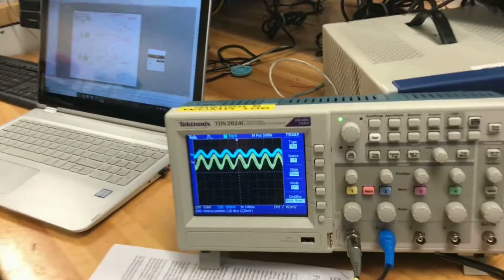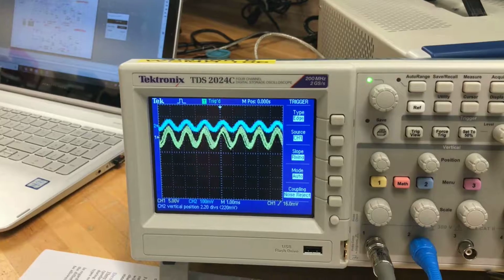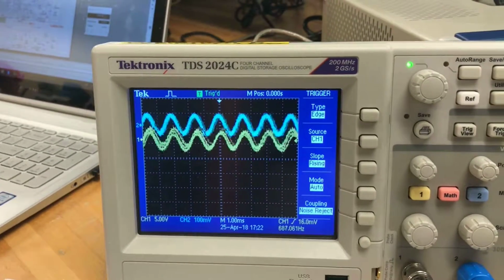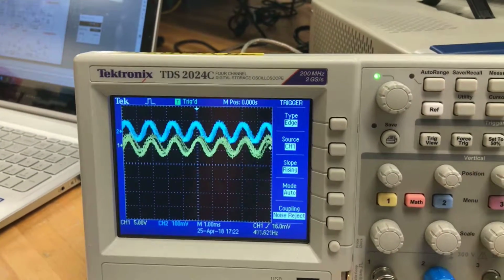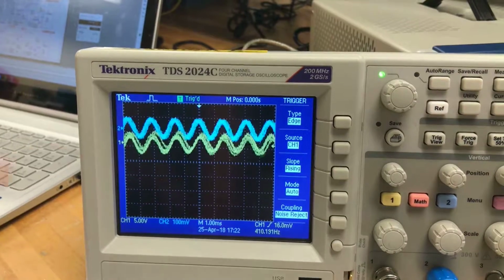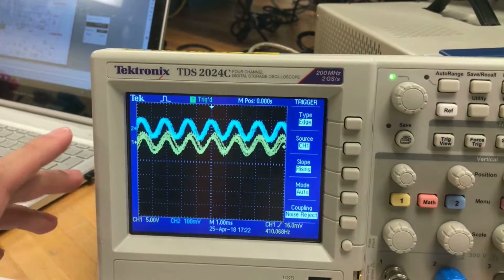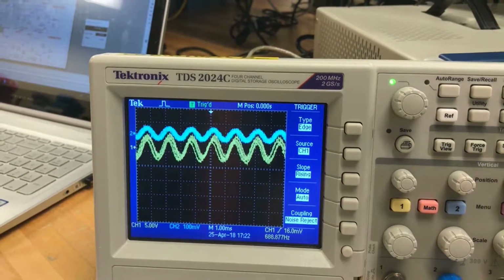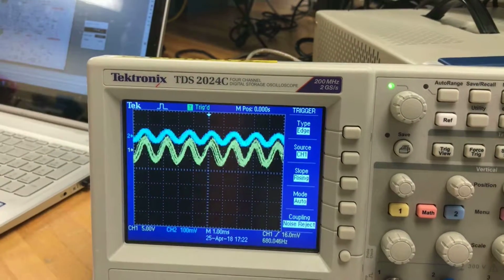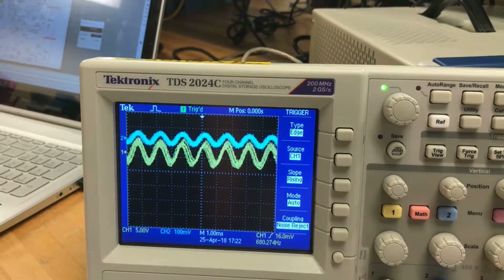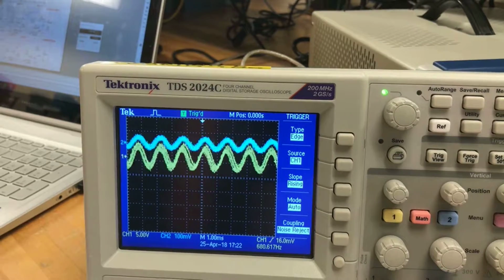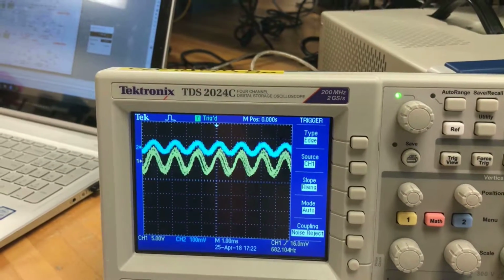So here's the uncorrected phase, slightly shifted over, and sorry, I mixed that up. This is actually the uncorrected phase, and now the phases are corrected. They're now in sync with each other, and within that 98 to 100% power factor.